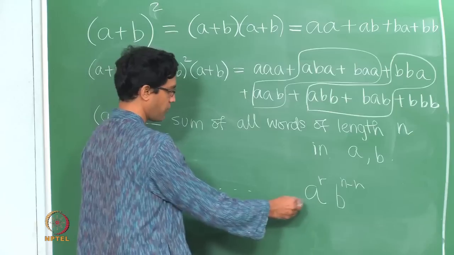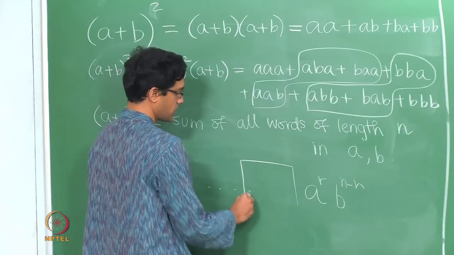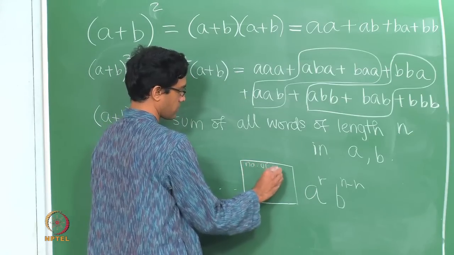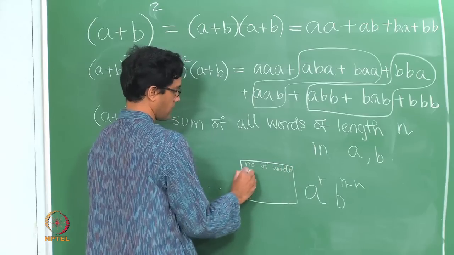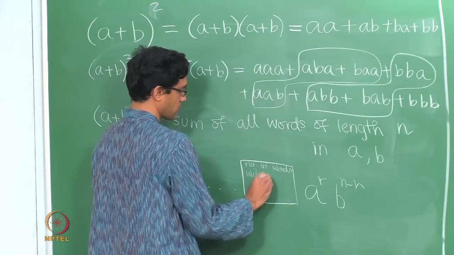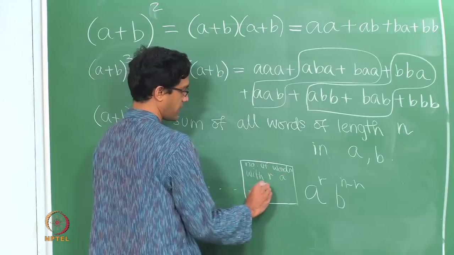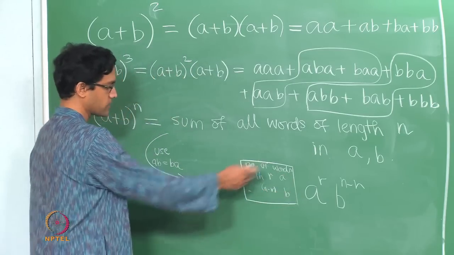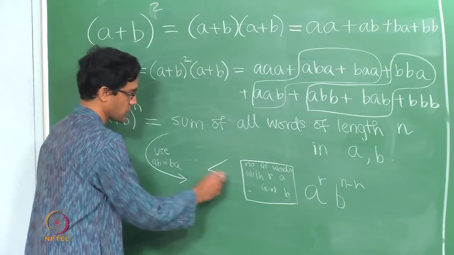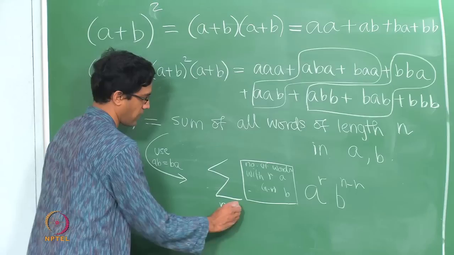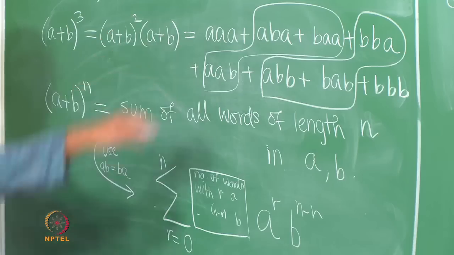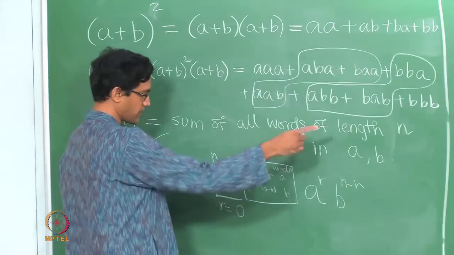So the coefficient of this term is just the total number of words with r occurrences of A and n minus r occurrences of B. But that is exactly the thing that we have computed. So this is the sum over all possible choices of r.